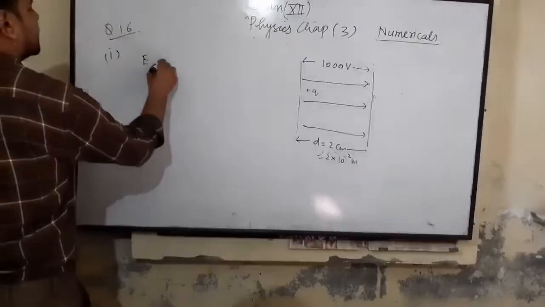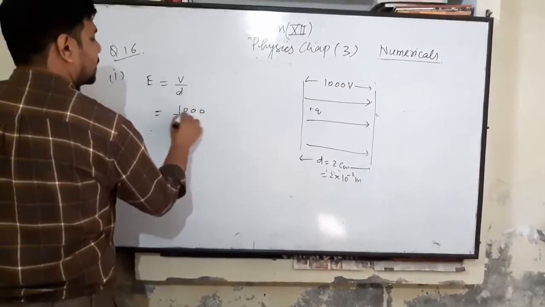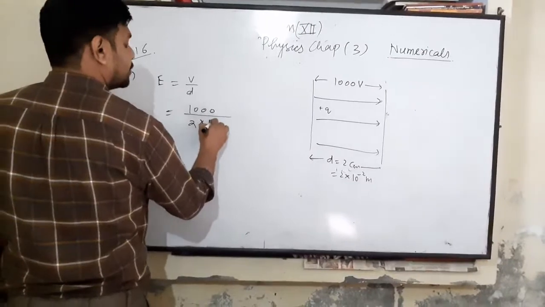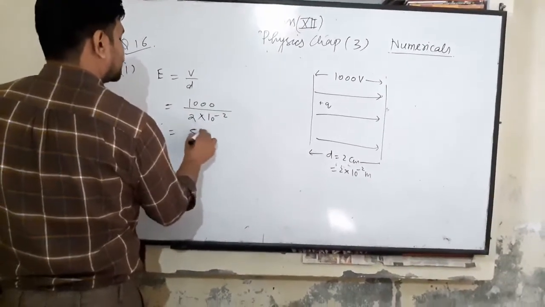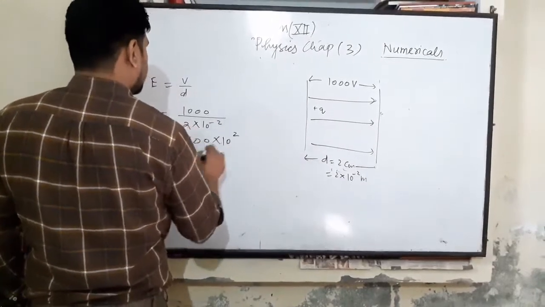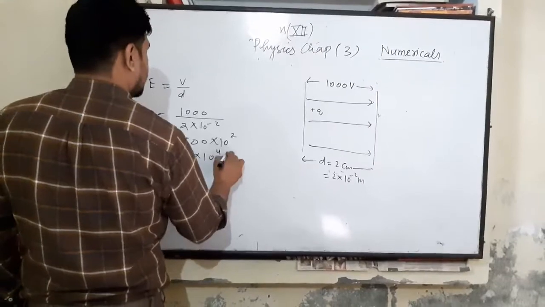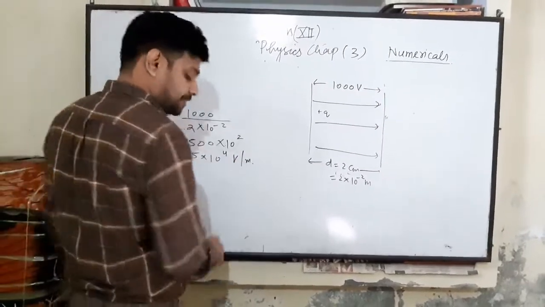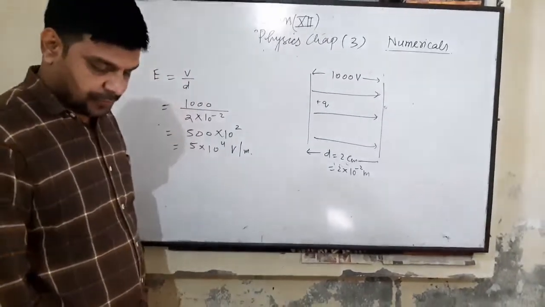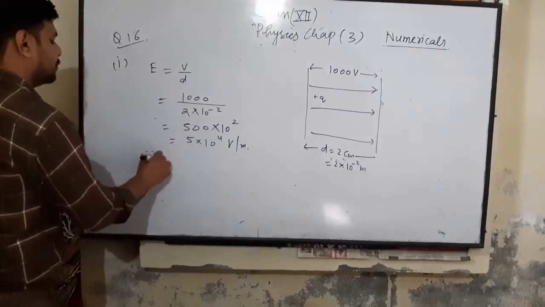Intensity of electric field E is equal to V over d. V is 1000 and d is 2 into 10 to the power minus 2. So this is 5 into 10 to the power 4 volt per meter. Now in the second part, we have to find the force on the proton.